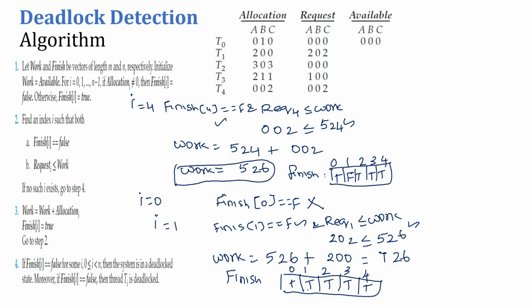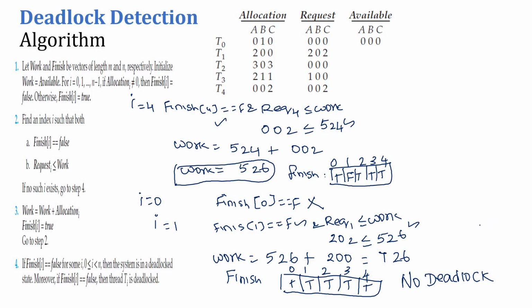If in the finish vector all the threads or processes become true, then we can conclude there is no deadlock. Suppose any one thread does not change its state from false to true, and it maintains false, then that particular thread is leading to deadlock.